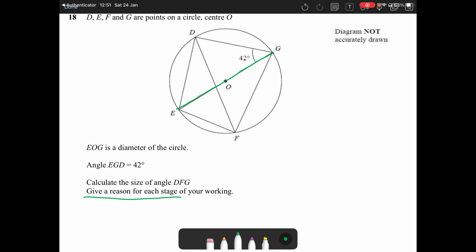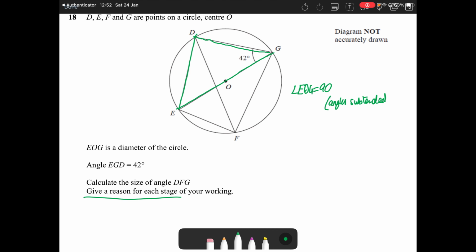Now, I know straight up that angle there. So let's write angle EDG equals 90 degrees. Now, my reason is, and you can write this in brackets, angles subtended. They like the word subtended.